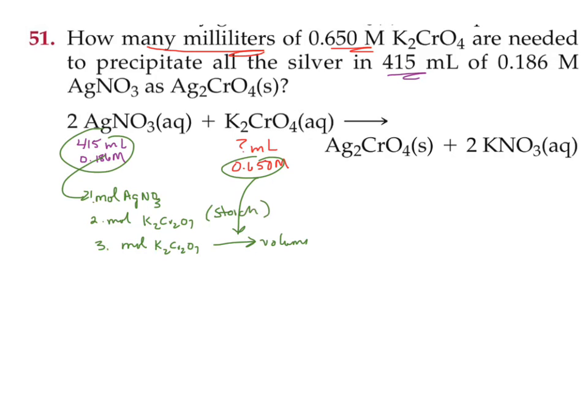In this case, for the K2CrO4, you're given molarity and asked to find volume. So you use the moles you got from calculation 2 and the molarity to get to volume. That's 51.